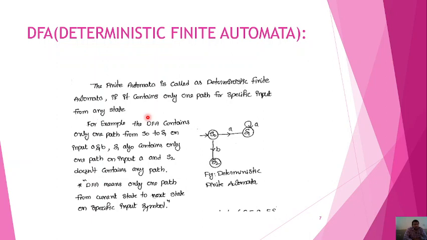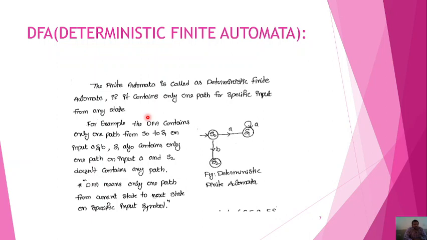For example, our considered finite automata contains three states: Q naught, Q1, Q2. From Q naught on input A there is only one next state or path, and on B only one path. In the same way, Q1 on A has only one path, and on B one or fewer paths.